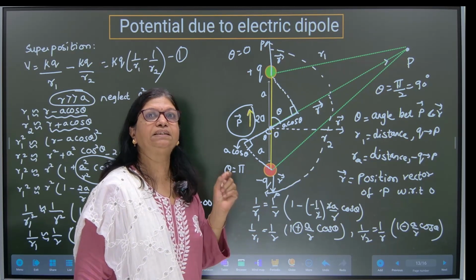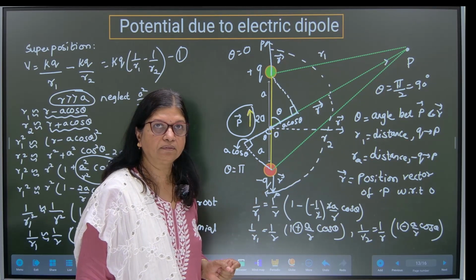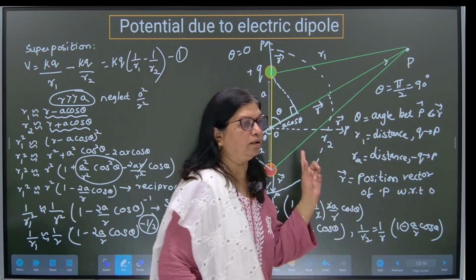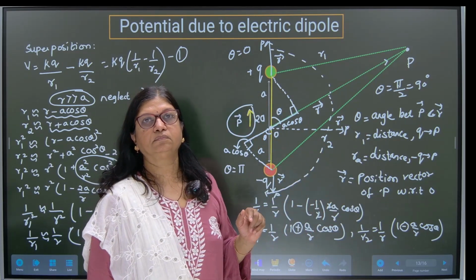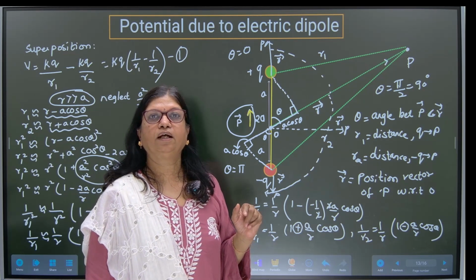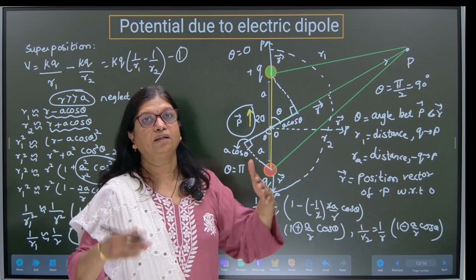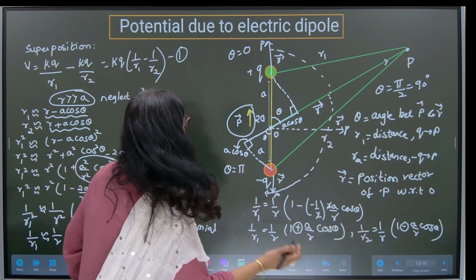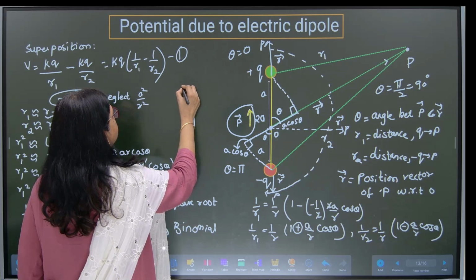Formula of potential is negative Kp upon r square. And if the point P is here, perpendicular, then theta is equal to pi by 2. Potential is 0.